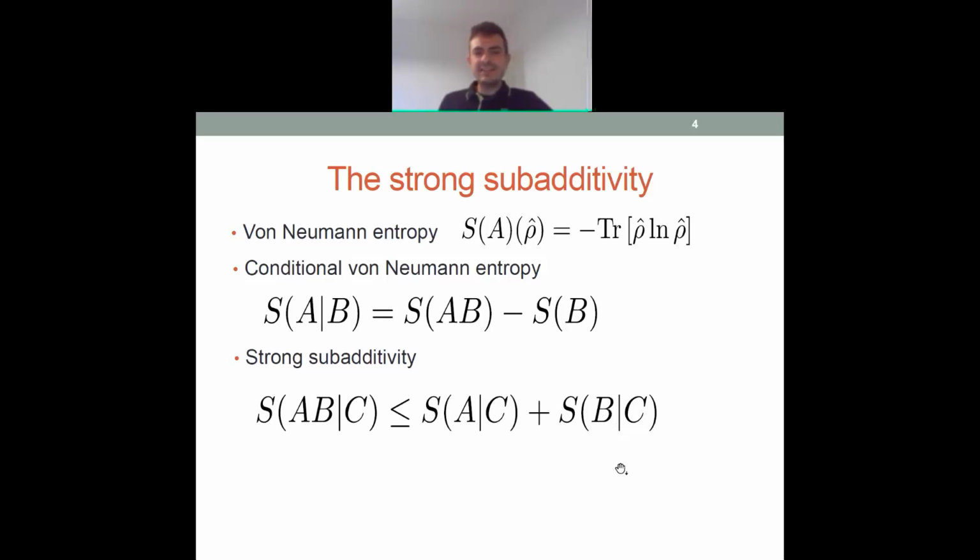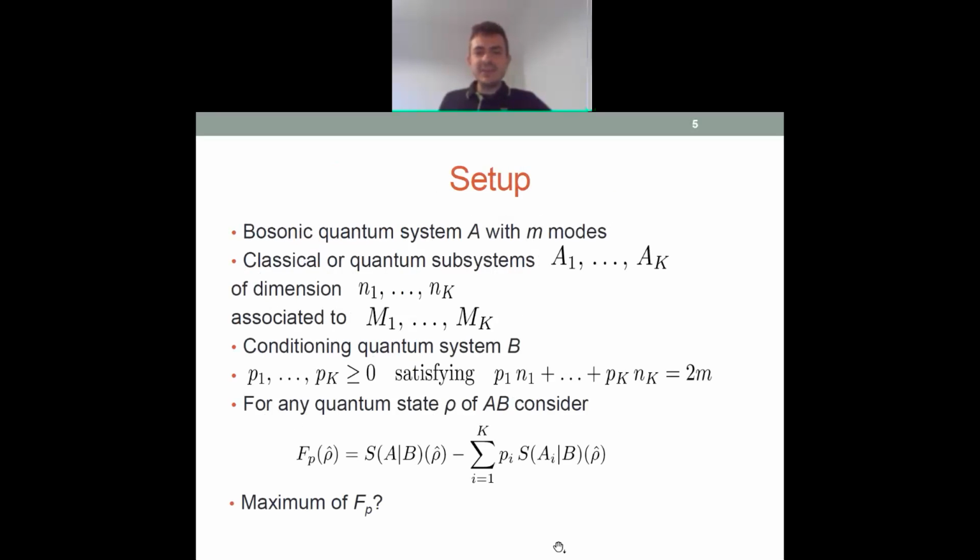The difference is that in the standard setup of the strong subadditivity, the subsystems are disjoint and their union is equal to the global system, while in this generalized version, the subsystems do not need to be disjoint, and of course, their union does not need to be the global system. So we have much more freedom in the choice of the subsystems.